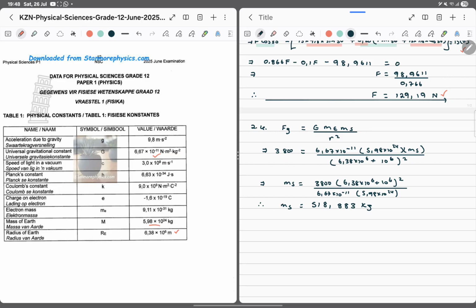Okay. We can say then we know that the weight of the satellite on the Earth is going to be mg, which implies that, remember, this is small letter w, not capital letter W, so it's going to be m, which is 518,883 into 9,8.